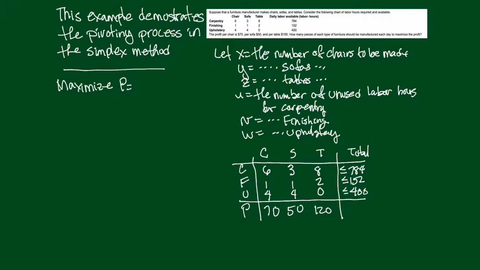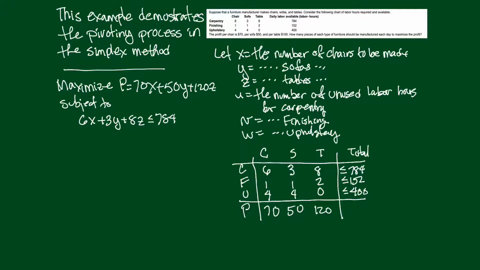So our linear program is going to look like this. Maximize P equals 70x plus 50y plus 120z, subject to our constraints. The first one is, we can just read right across that first row, 6x plus 3y plus 8z is less than or equal to 784.